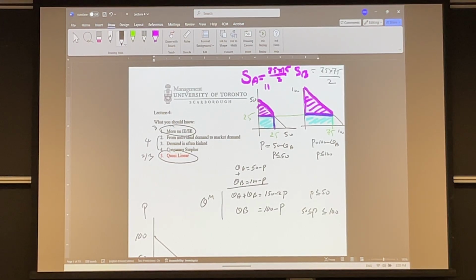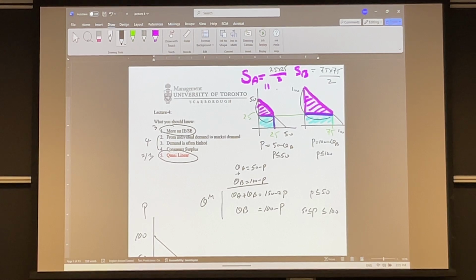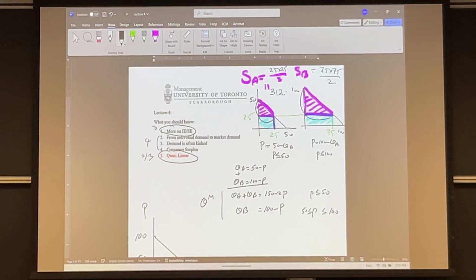This multiplied by this divided by 2, and then this multiplied by this divided by 2. What's the first one? 25 multiplied by 25 divided by 2. 300? Gotta be somewhere around 300. 312.5.